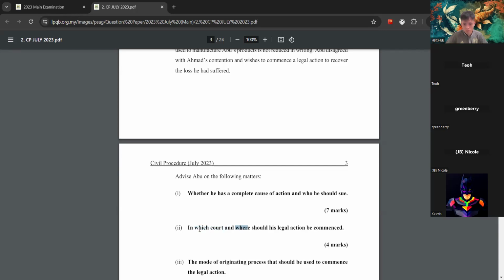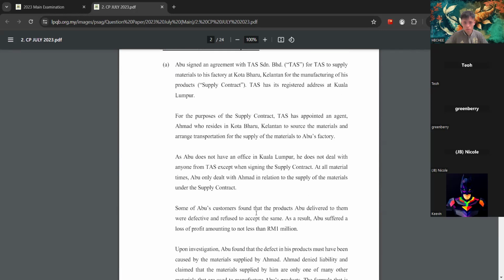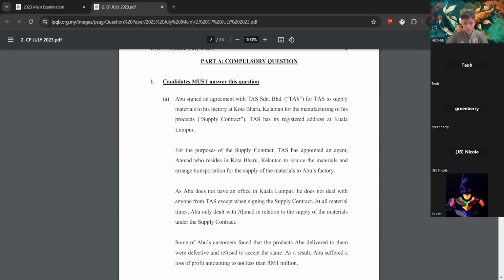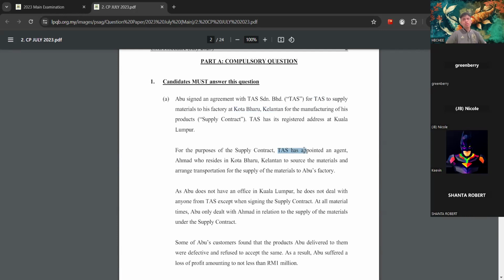Then the second one, where, now we look into the facts. The factory is at Kota Baru, Kelantan. Okay, and then the supply contract. So now we have to go back and refer to Section 23 of your CJA.